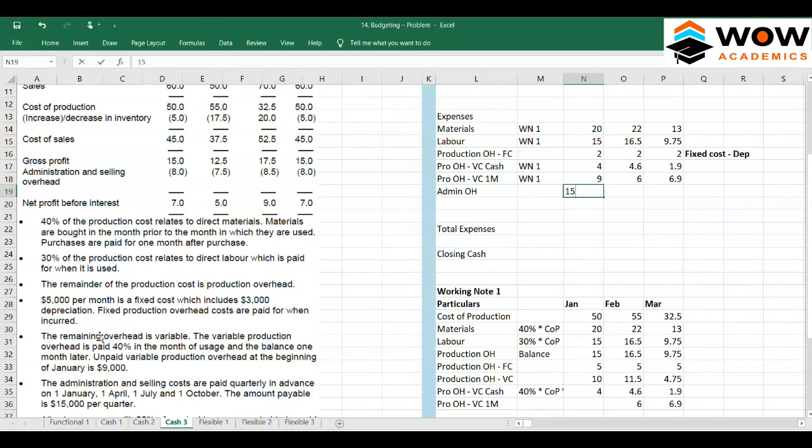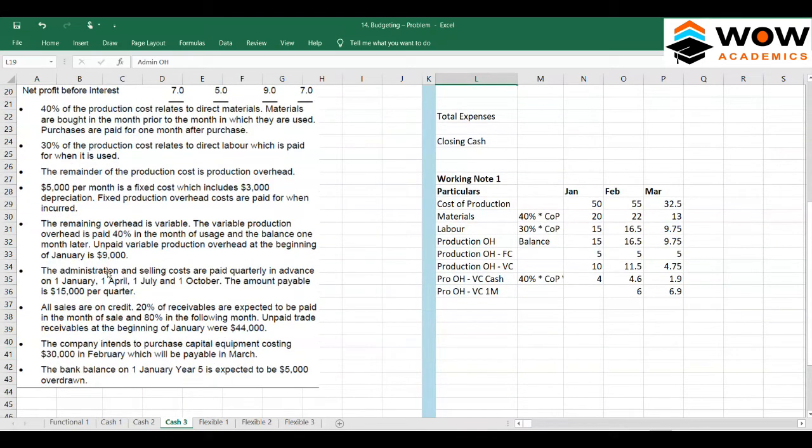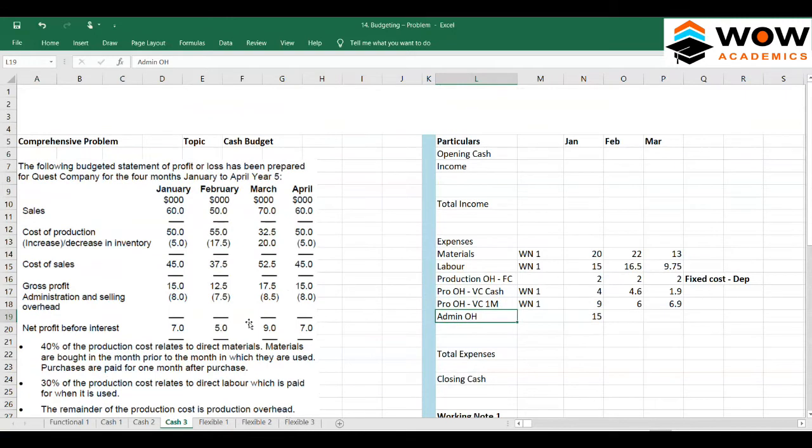Thereafter, all sales are on credit. 20% of receivables are expected to be paid in the month of sale itself, and 80% in the month following. Unpaid at January, so the December credit is paid in January. That amount is 44.